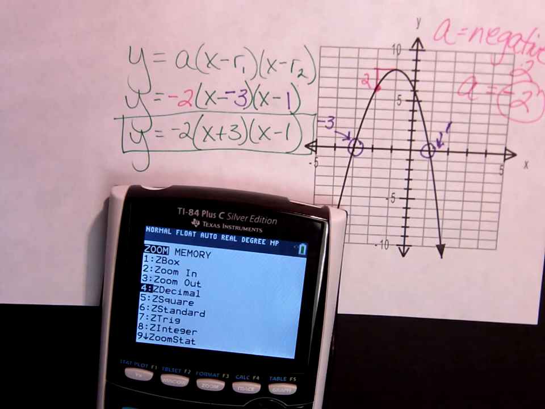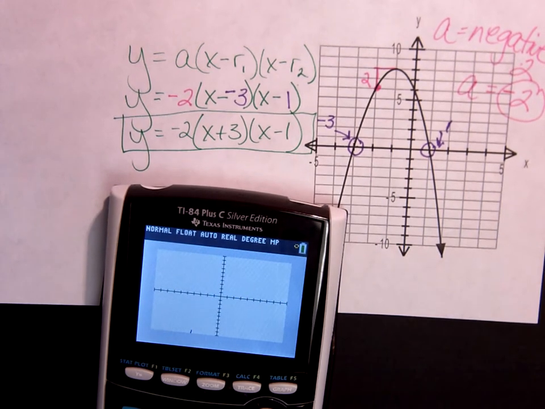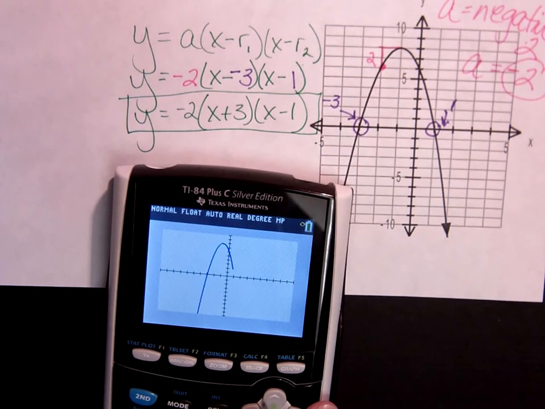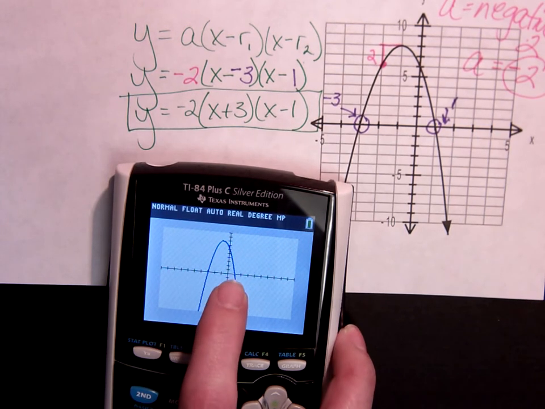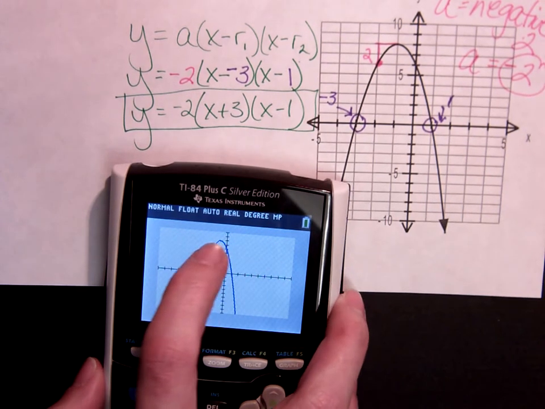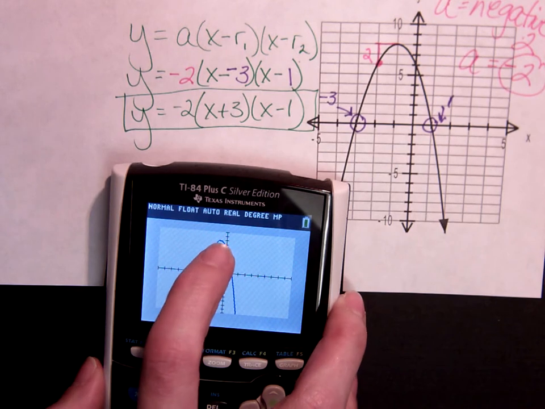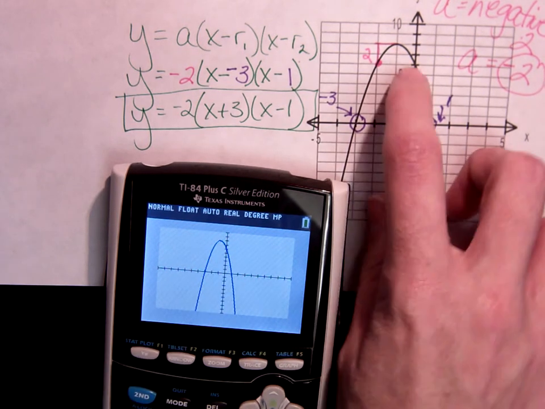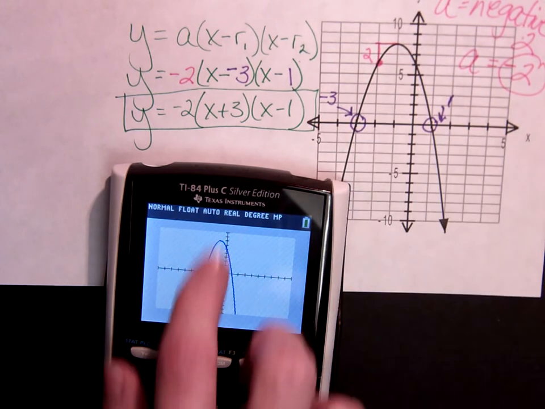I'm going to put it back in my standard window because I had it open weird earlier. We'll watch our graph. It goes right through the same places. If I estimate how high it is, it looks like it's at about 7 or 8 in my calculator. When I come up here, 8, 9, 10, so it looks about the same.